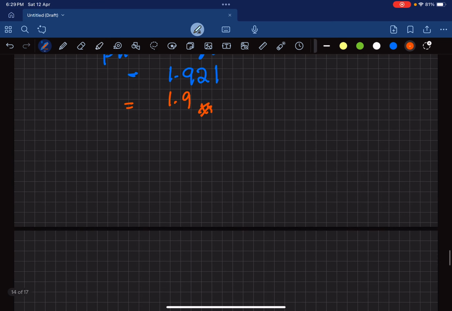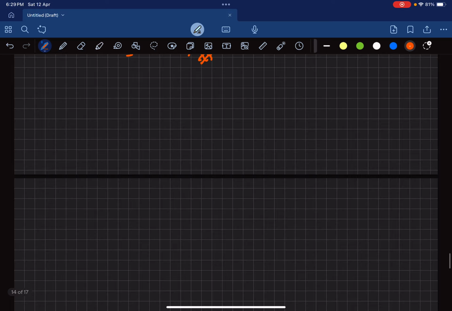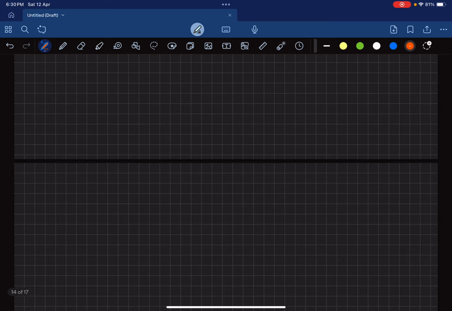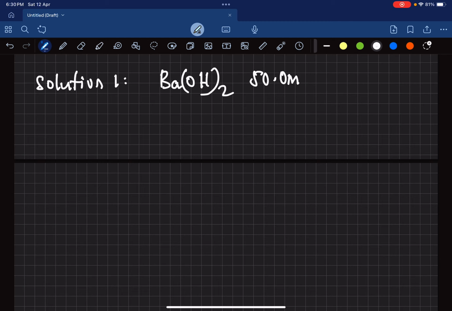So these type of questions are only useful for strong acids, strong bases. Weak acids, strong bases we can't really use it, or weak acid and weak base is even worse. Okay, so let's say we have two solutions. Solution one is barium hydroxide, and we have 50 ml of this one, and the molarity is 0.10 molar.